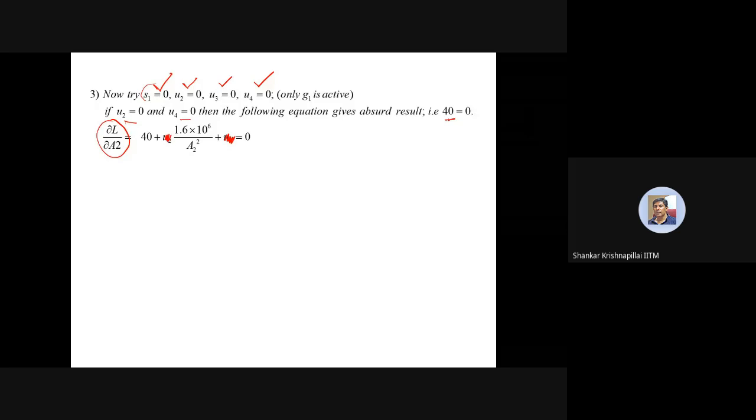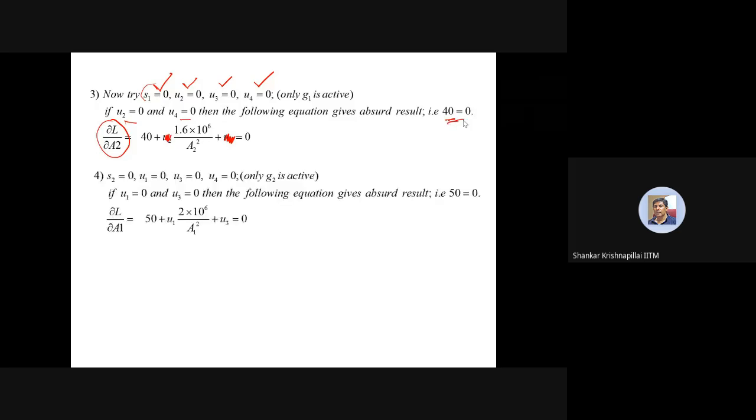Next we try another combination of constraints. Let us assume that the second constraint is active, and the first, third and fourth constraints are inactive.